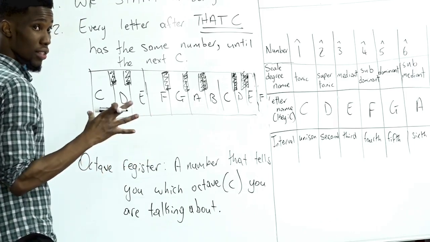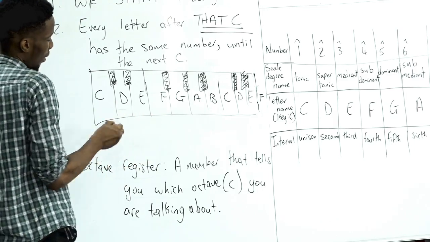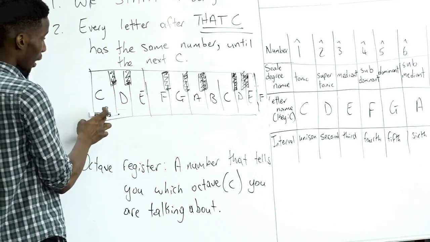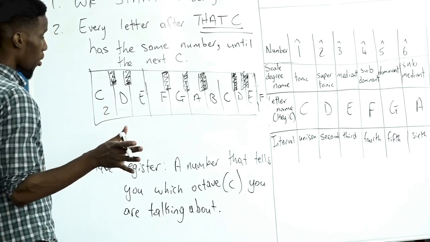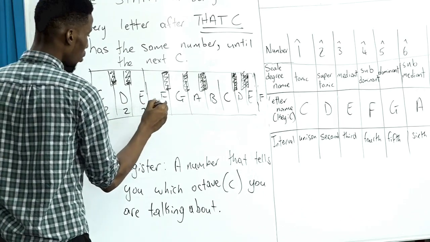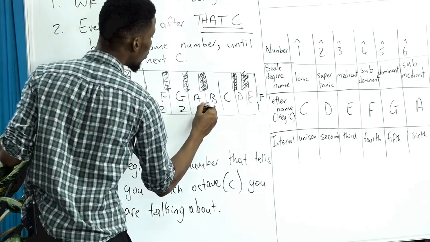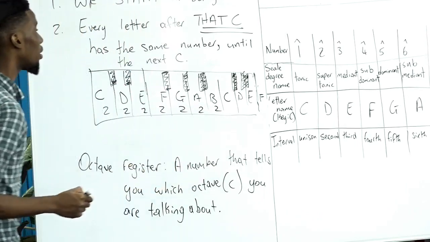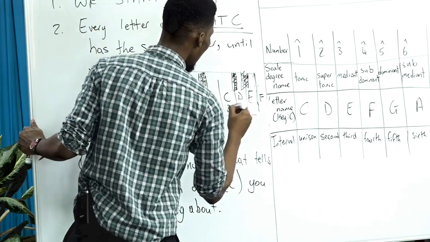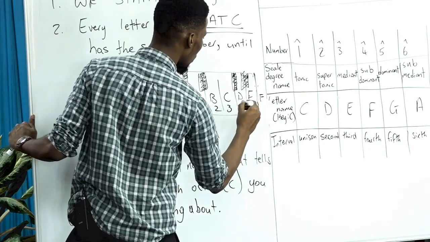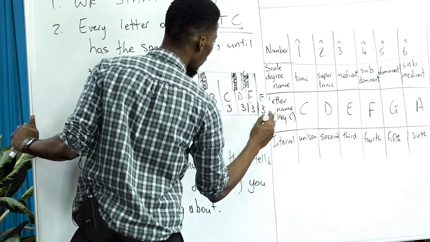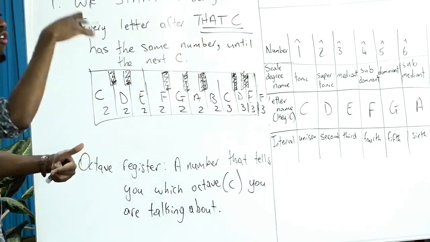Let's take a little chunk out of this. Let's say this was C2. Every letter after that C has the same number. So this would be D2, then E2, F2, and so on, until we get to the next C, which would be C3. Then everything after it would be D3, E3, F3, until we get to C4.